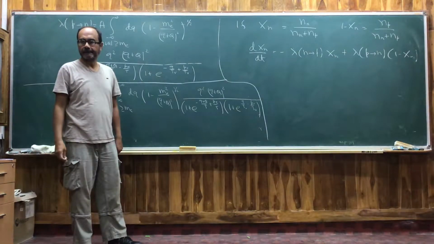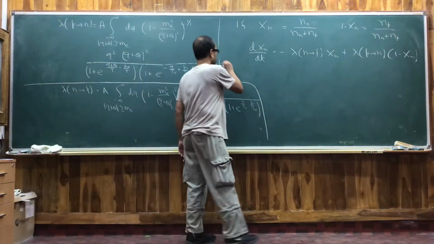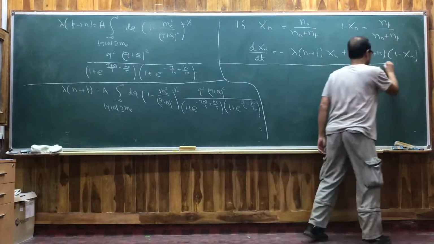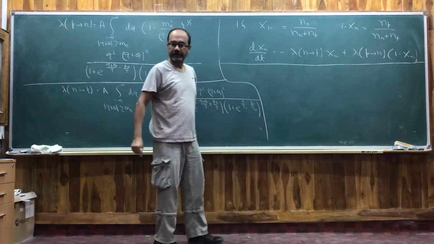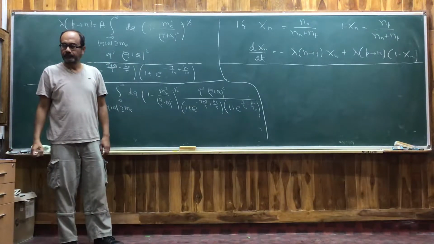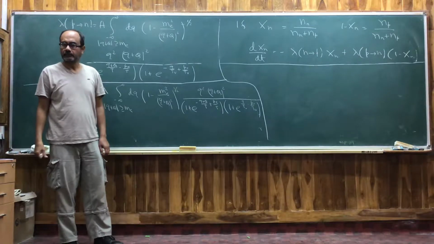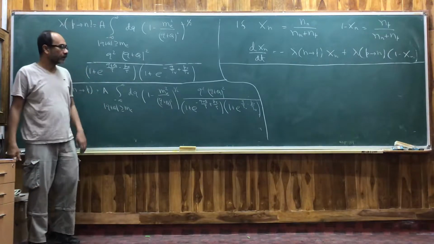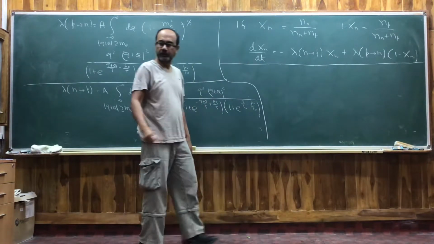Right? So this is the equation we'll be using to study the evolution of the number of neutrons as a function of time. But before we do that, let's first check what happens in the equilibrium situation.